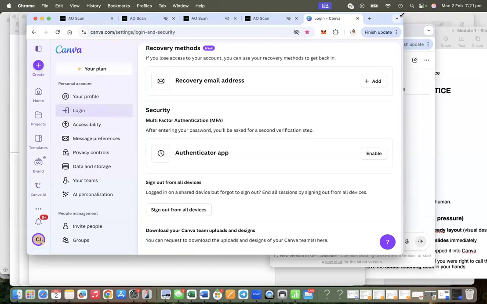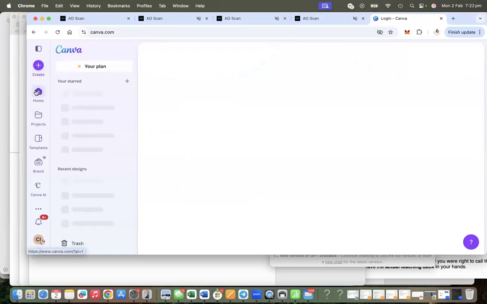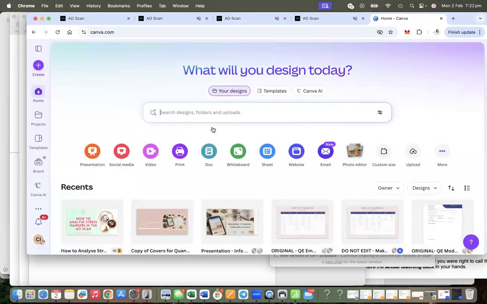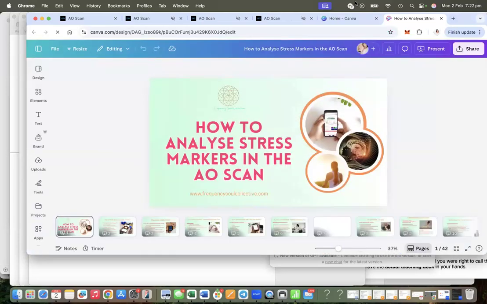Okay. Why won't it let me log in? Password. Let's go. Come on. Any suggestions? Anyone? Oh, maybe I'm already logged in. I am. Okay, great. Awesome. Here we go. Sorry, just bear with me for a second while we get back to where we were.